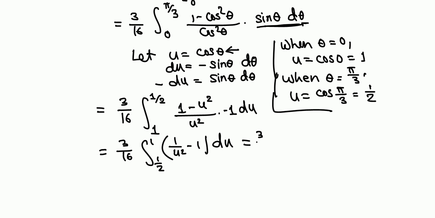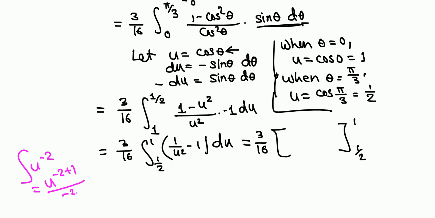Next, 3/16 outside. Let's find the definite integral, and we're going to evaluate from 1/2 to 1. 1 over u squared is the same as u to the -2, and when we integrate we get u to the -2 plus 1 over -2 plus 1, so u to the -1 over -1, which is negative 1 over u.